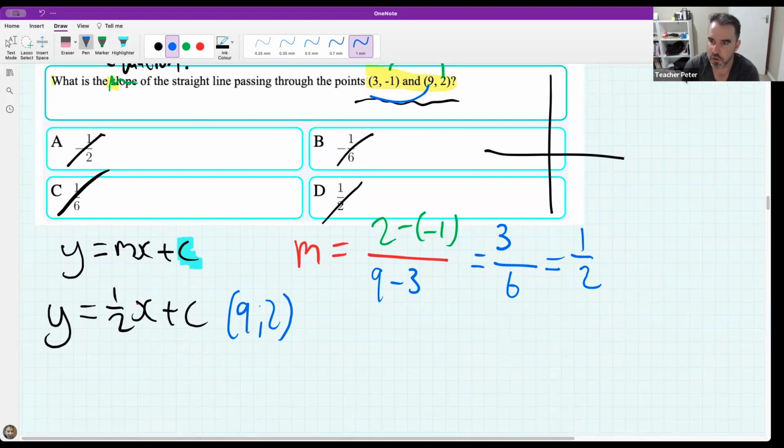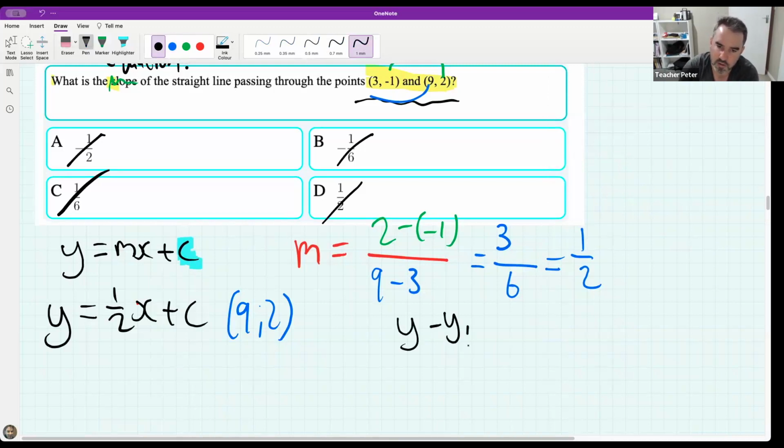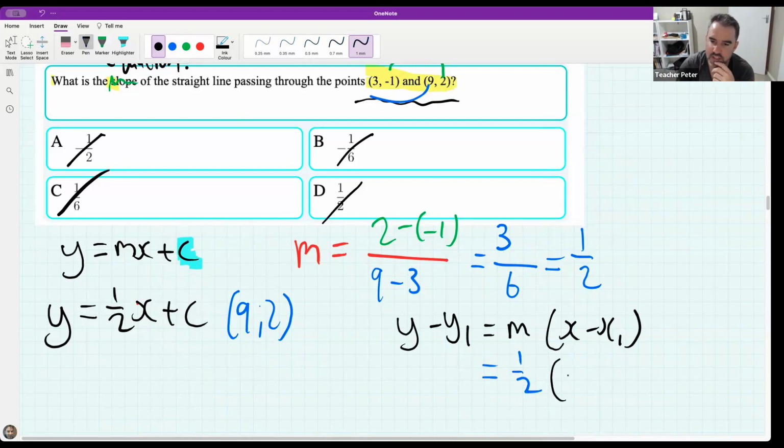The other way of doing it is to use this formula that I mentioned earlier on, which is y minus y1 equals m times x minus x1. So this is another method. And in this case, you put in a half here for m, and then over here you go x.